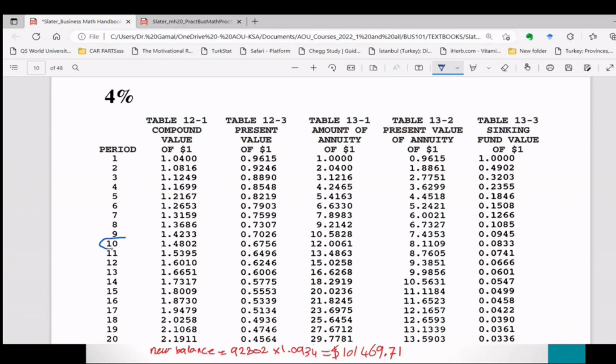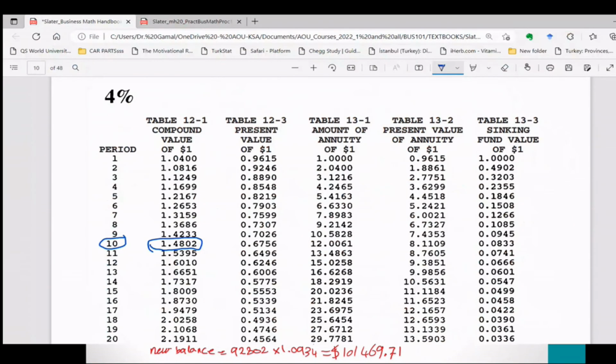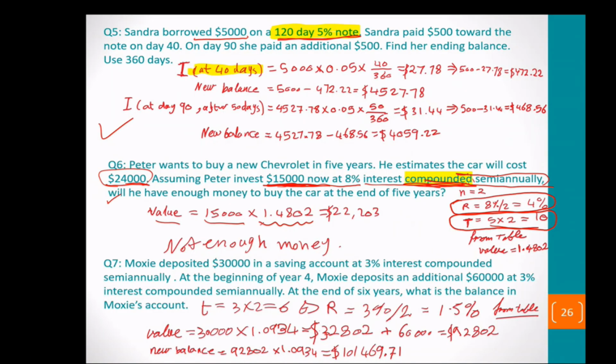This 10 periods at 4% is 1.4802. Here in this question, it didn't ask for present value. It asked for compounded value. 1.4802 times 15,000 will be about 22,000, which is not enough. His car is 24,000. His investment will be 22,000. So the answer is, it's not enough money.